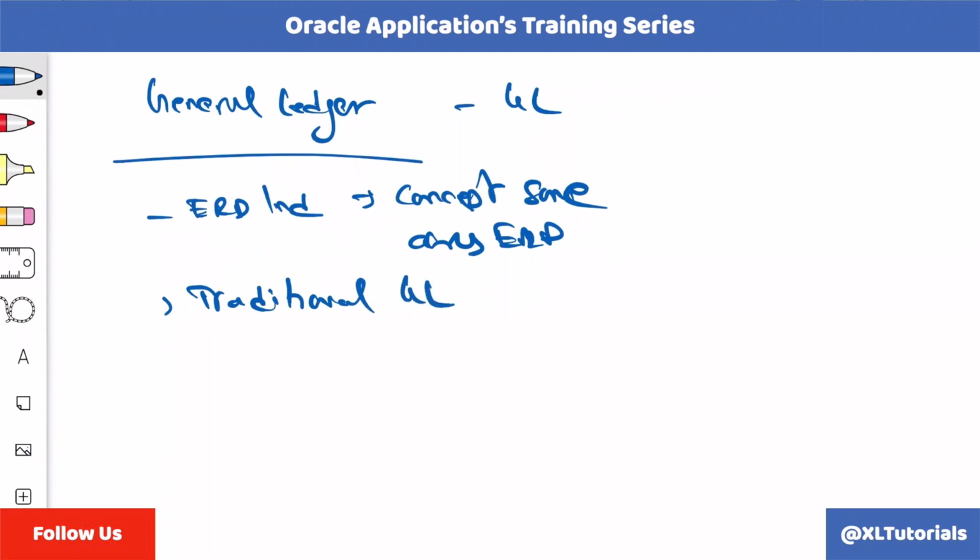If you have ever studied accounting in school or high school, or had accounting as a subject in your college, you must have come across GL, and the concept of GL is more or less the same here in an ERP context also.